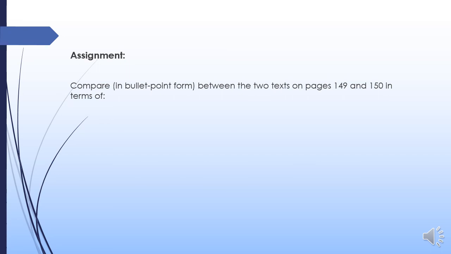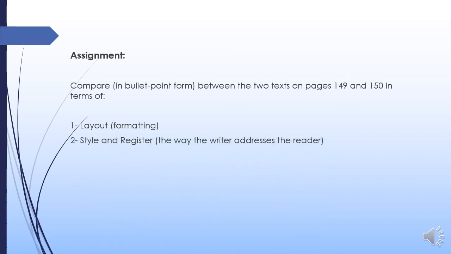You need to compare the two texts in terms of the layout, the formatting of each, the style and register, the way the writer addresses the reader in each, and content, what is in the report. Is there any difference in the information reported, or is it identical? And the use of language, diction. Compare in bullet point form, and we will discuss this in the next lesson.